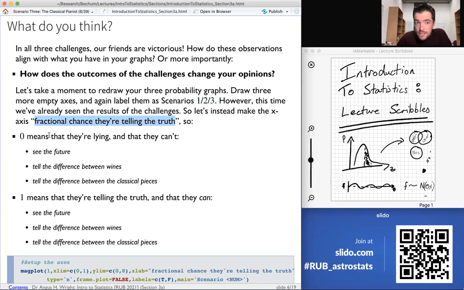And in this axis, 0 means that they're lying, which means that they can't see the future, tell the difference between the wines, or tell the difference between the classical pieces. And 1 means that they're telling the truth, that they can see the future, that they can tell the difference between the wines, and that they can tell the difference between the classical pieces.